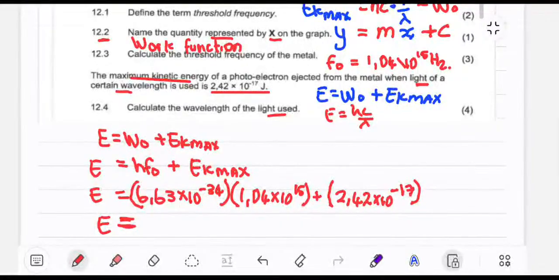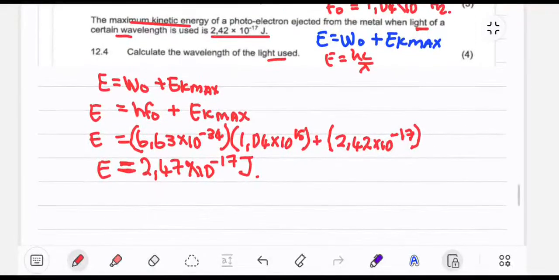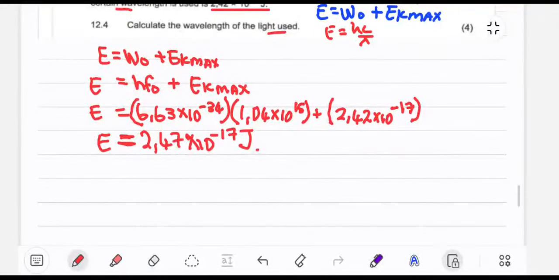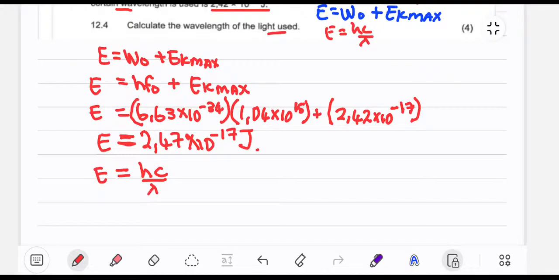We're getting 2.47 times 10 to the negative 17 joule. And then from there we would use this formula over here: E equals HC over lambda.